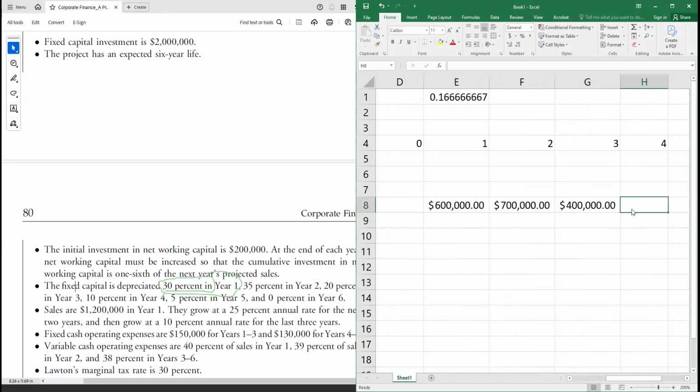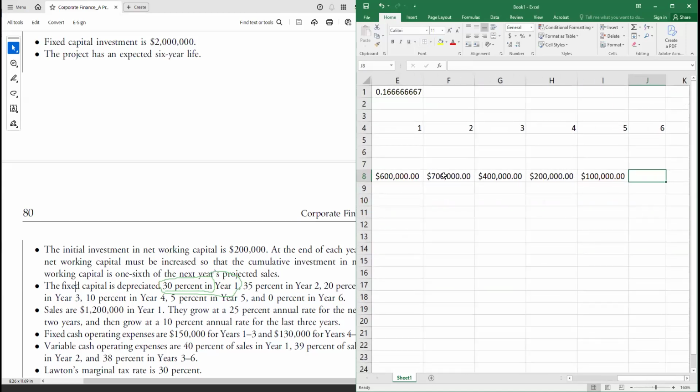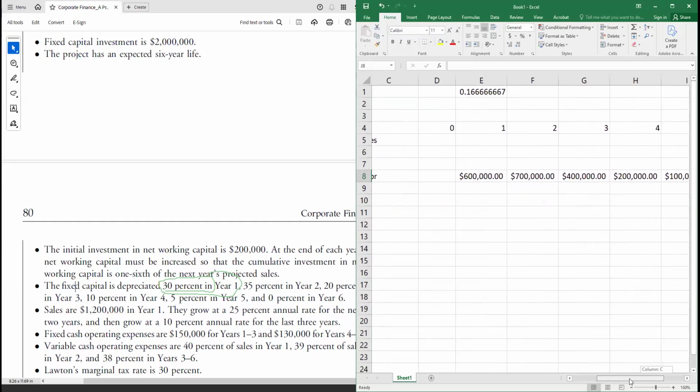And 10% in year 4. The one cell represents the CapEx, capital investment. And in year 5, it's 5%. And in year 0, it's 0%, so nothing. Okay, that's what I have, actually.